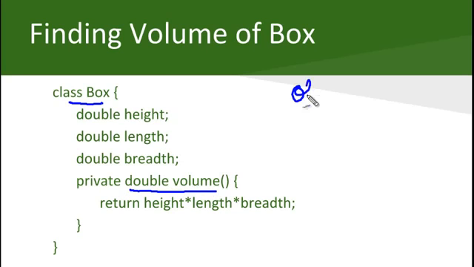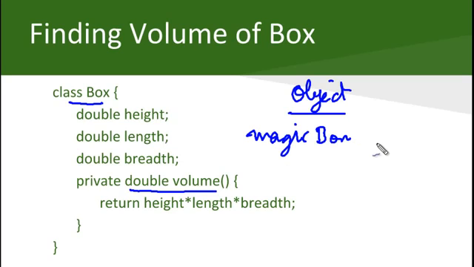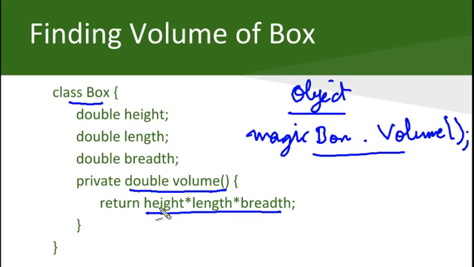So each object, say magicbox or soapbox, can directly access this method, and when magicbox.volume is called, the volume method associated with that particular object will be called, and the height, length and breadth of the magic box will be taken, and it will return a double value.